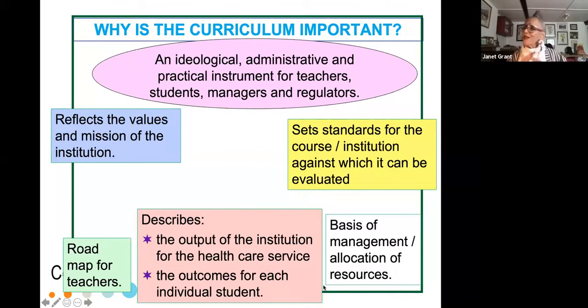You can have anything you like on paper, but if you haven't got skilled curriculum management, what's on paper won't matter. It really won't. And it doesn't matter how much faculty development or any of this other stuff you do. If you haven't got proper curriculum management, it will fall by the wayside.